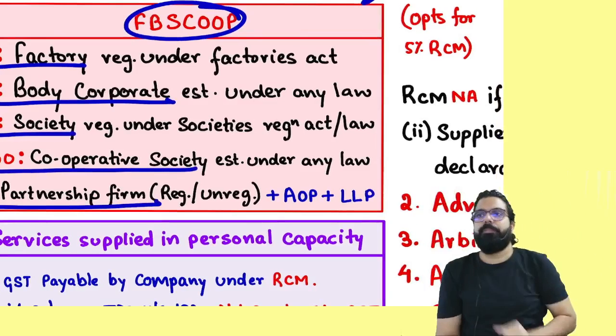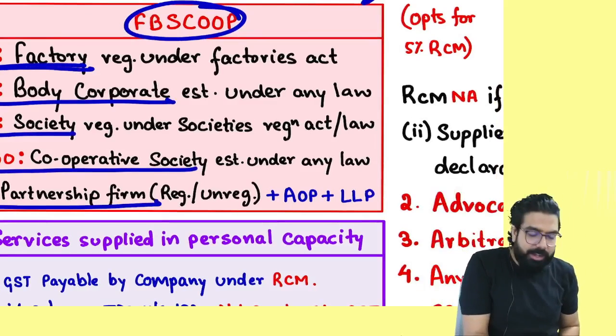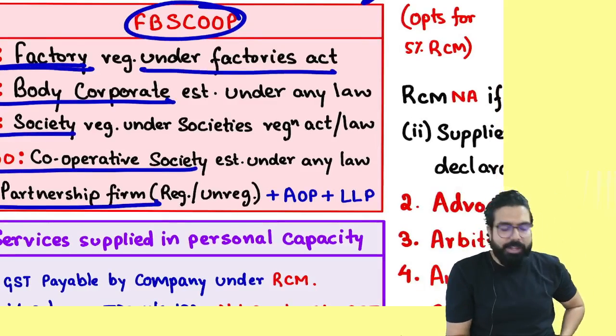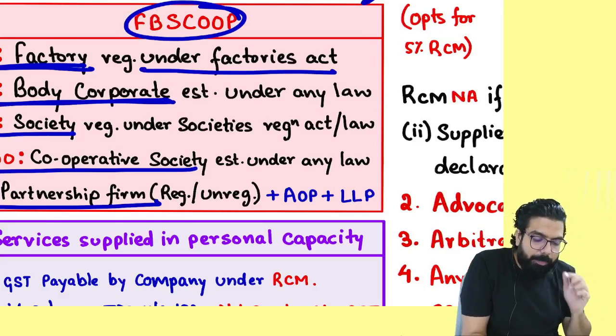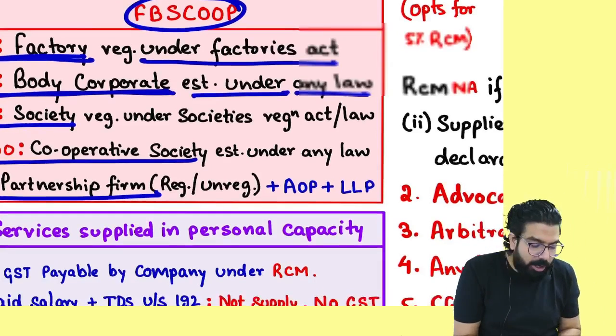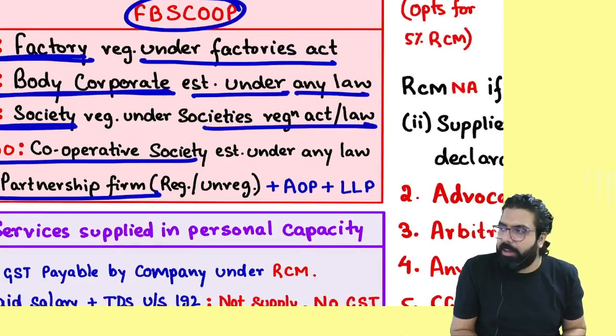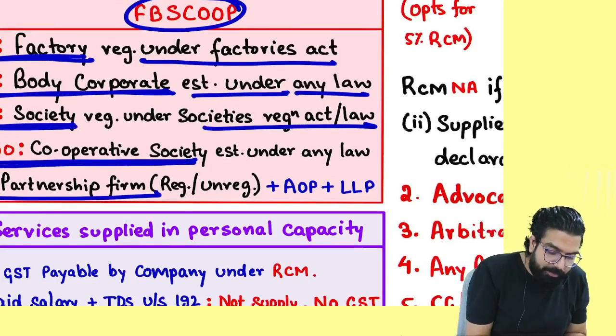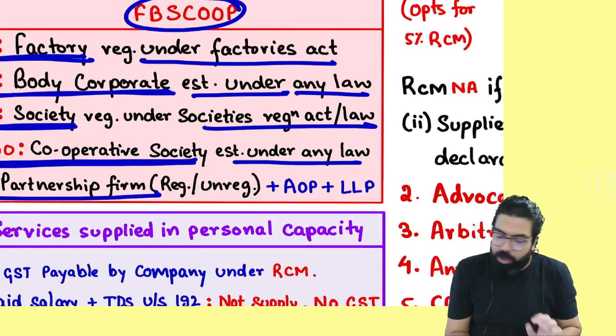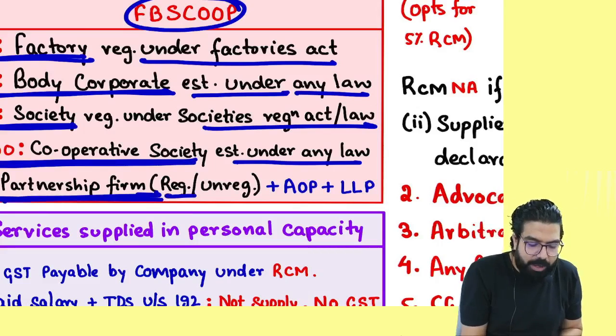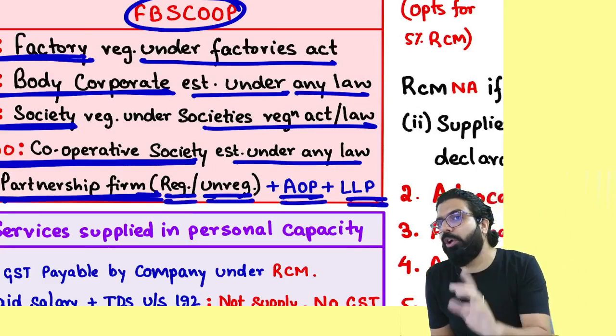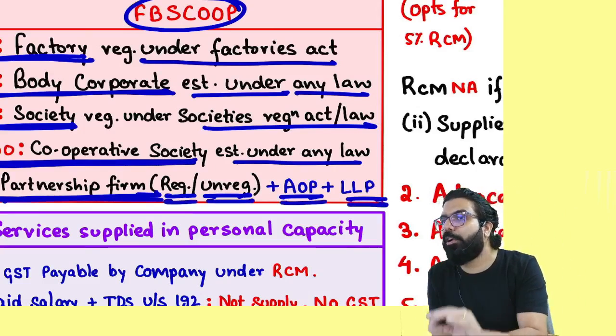Factory registered under the Factories Act. Body corporate established under the law. Society registered under the Societies Act. Cooperative society established under the law. And partnership firm, registered or unregistered, including AOP and LLP. Remember, for your RCM, partnership firm includes LLP.